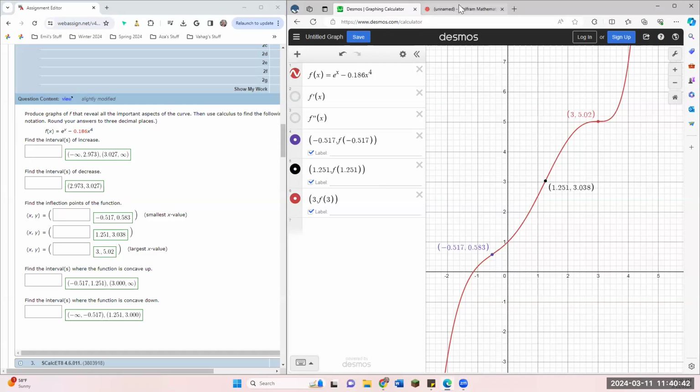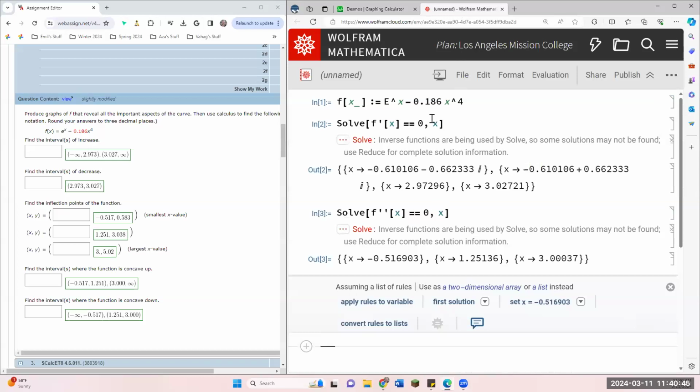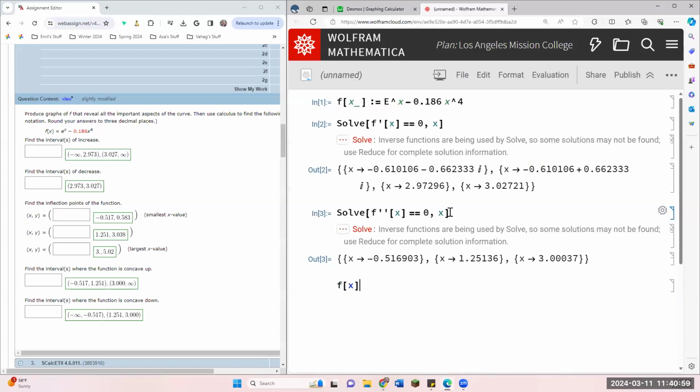Using the Wolfram Cloud, we could also ask it to plug these values into the original function. The way you do that is you say, I want f of x, and then I want you to take these outputs. The way they're labeled, by the way, is they're actually individual assignments.